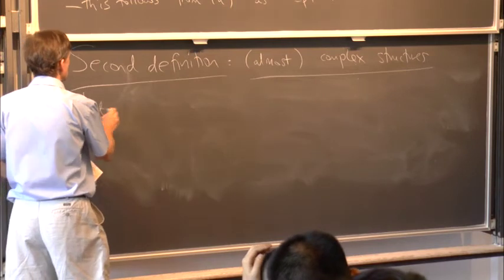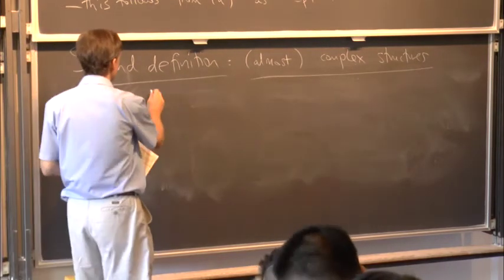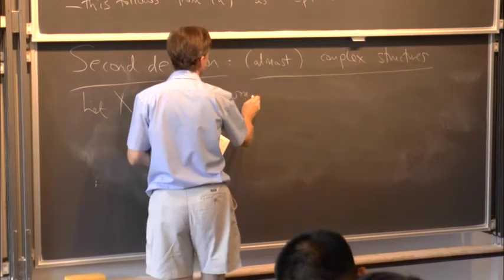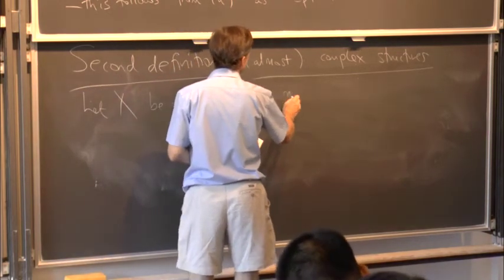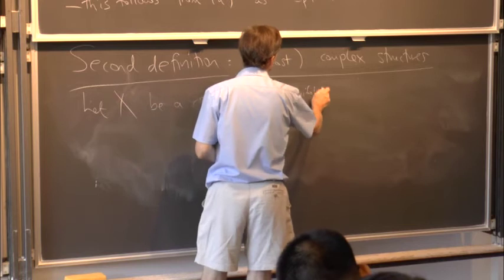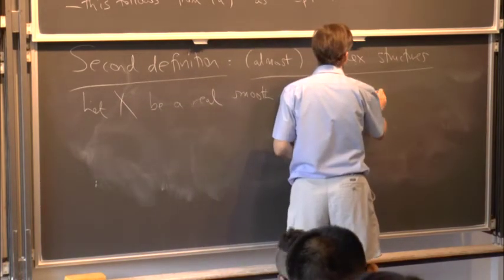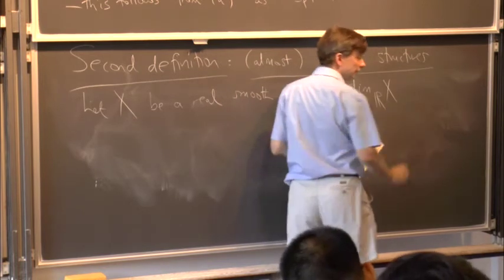So let big X now be a real smooth manifold, where the real dimension of X is going to be even.